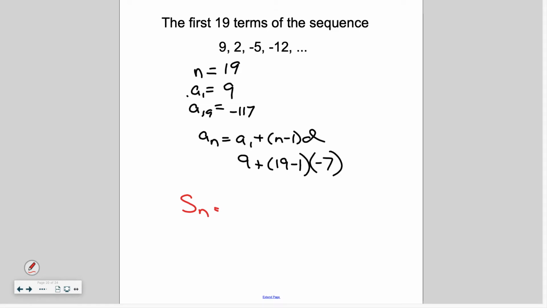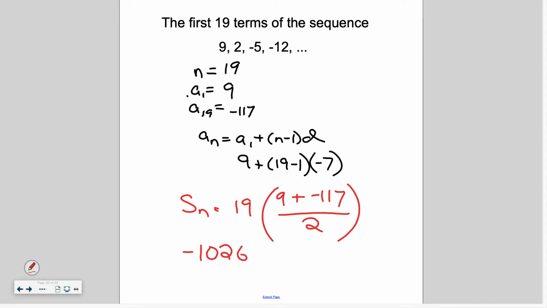So Sn is equal to, again, that 19 times 9 plus -117 all over 2. What are we getting? -1026. Good.